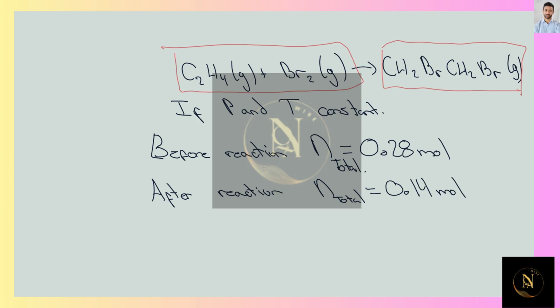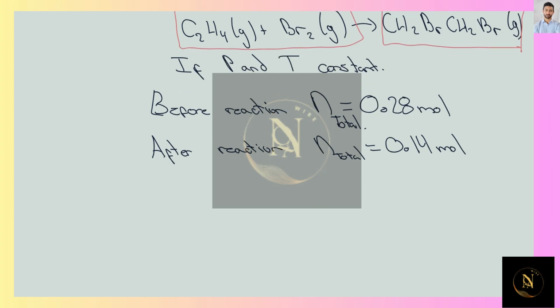Okay? So what we can do is apply our always useful ideal gas law. PV is going to be equal to nRT, right? And we know that the pressure is going to stay constant at the beginning and at the end. So let's call this equation 1 for the initial case, and let's go for equation 2 for the final case.